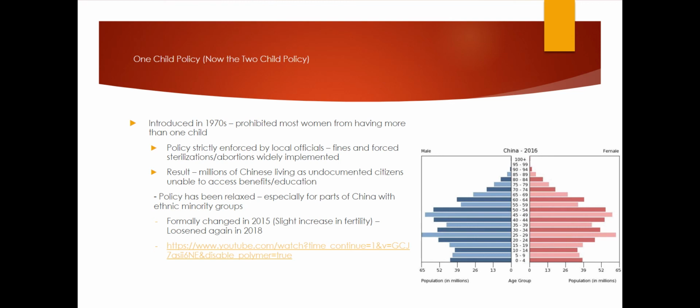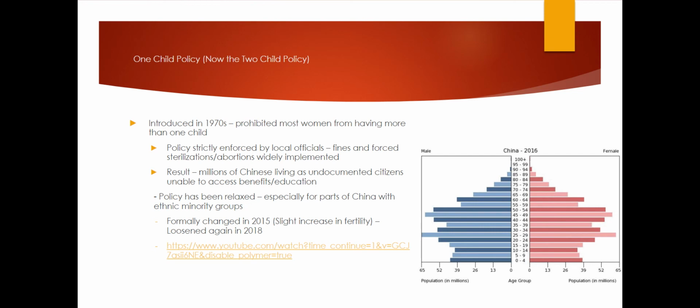There were tons of effects of this. Some of them were intended, which is what you see in a population pyramid, a lowering of the fertility rate to levels that the government wanted. And some of them were unintended.